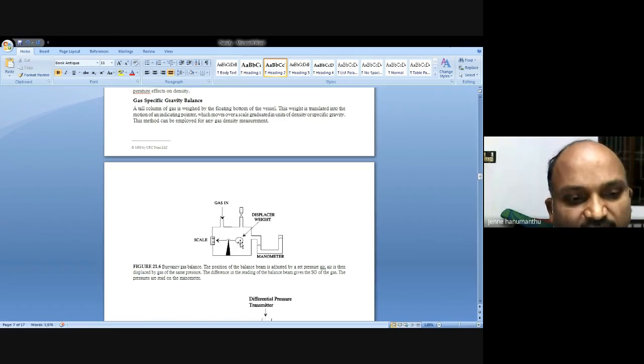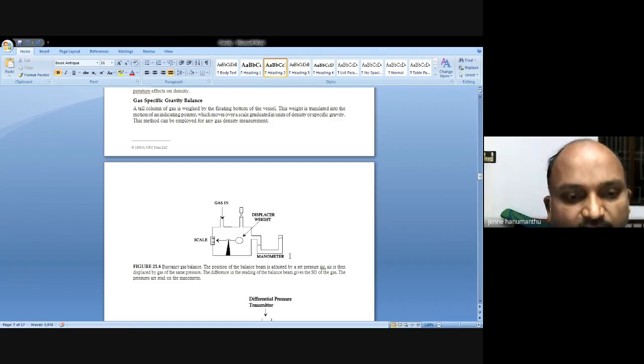Before the gas is inlet, the scale is towards the zero marking, and the manometer shows some minimum value, from here to here.